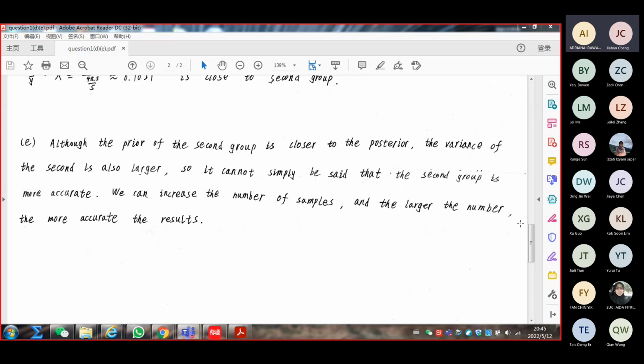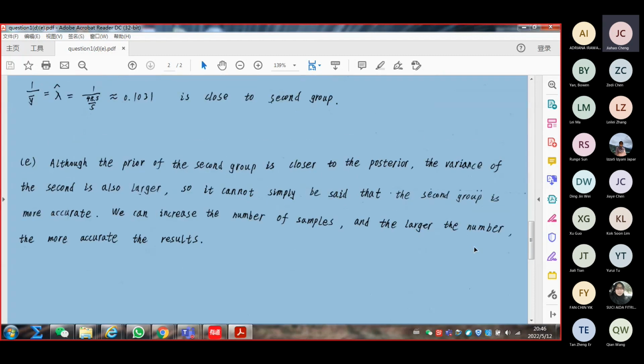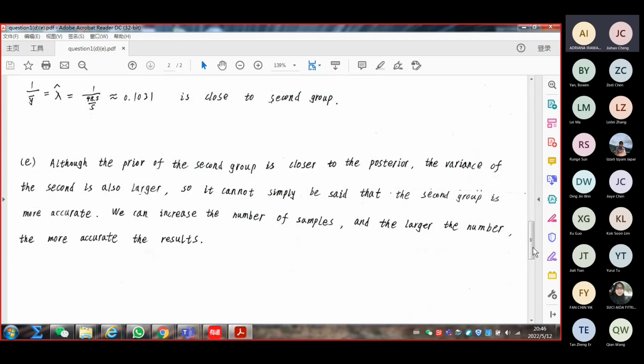So it will get closer to the reference prior, because that one is the non-informative prior. So your answer will get closer to the one with the reference prior as you have more data. Meaning that your prior will become less important. Your data will dominate more.